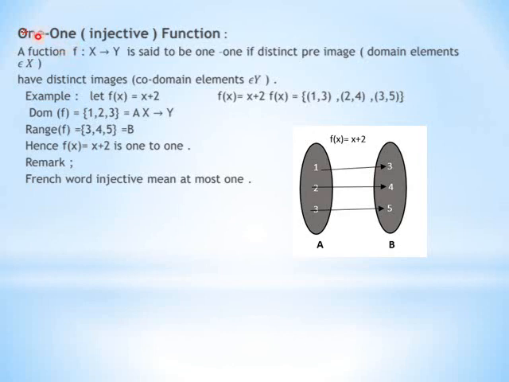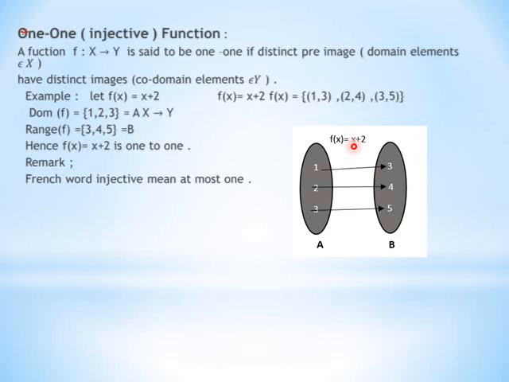Okay, so one-to-one means injective function. I can make you understand injective function with the help of an example. Now look at this. This is the function f(x) = x + 2.